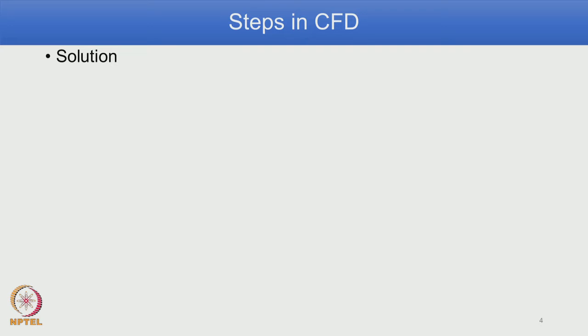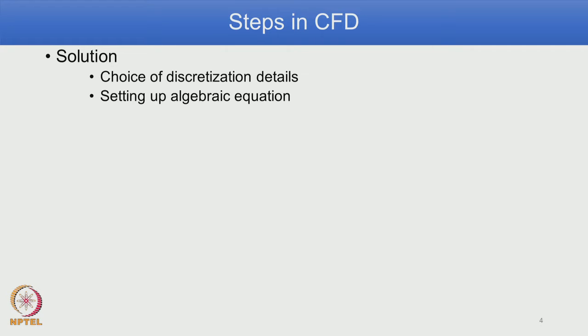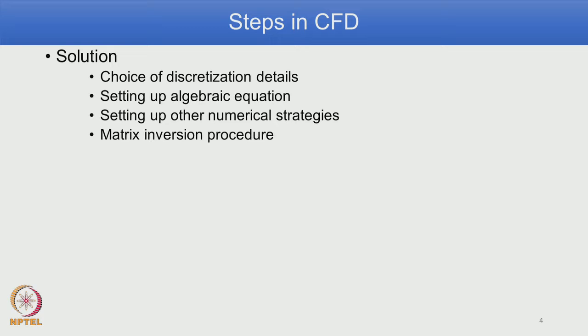And in solution we decide the discretization methods. Once you discretize the governing equation, we get algebraic equations. We also set up a few other numerical strategies, we are going to look at that later. Then we invert the matrix.